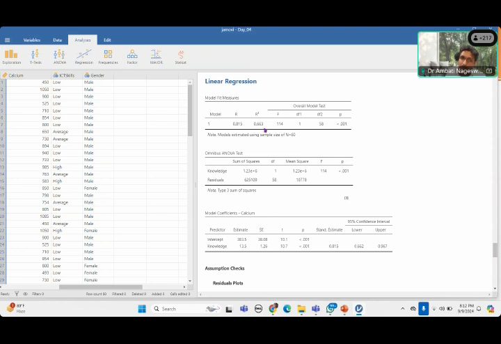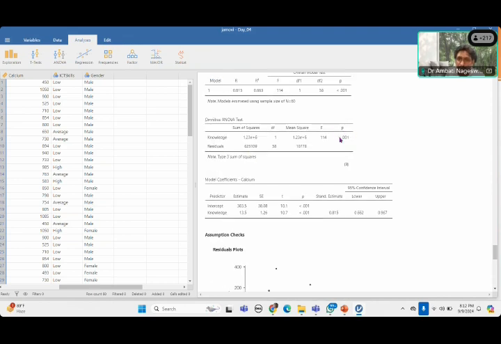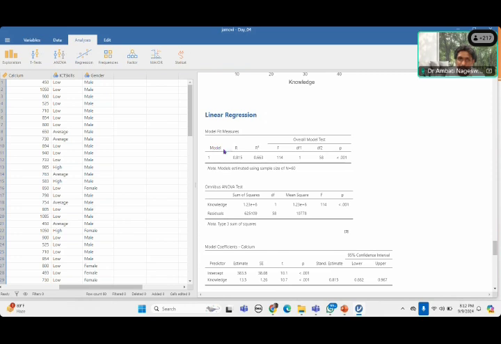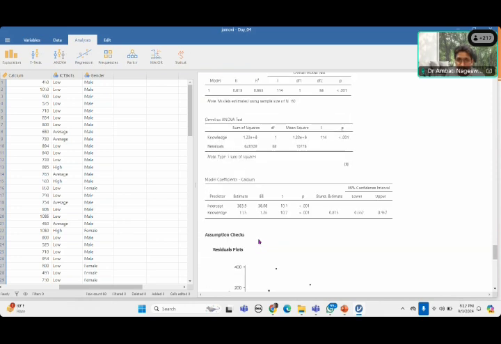R square indicates that as a researcher, you are able to predict that 66% of the change that you're seeing in calcium intake is due to knowledge test score. Similarly, you are also going to conclude that 34% of the change that you're seeing in calcium intake is due to other factors, which the researcher cannot explain with the variables that you have selected. Second, with the help of the ANOVA test, as the p-value is less than 0.05, we can say that there is a significant relationship between knowledge test score and calcium intake.